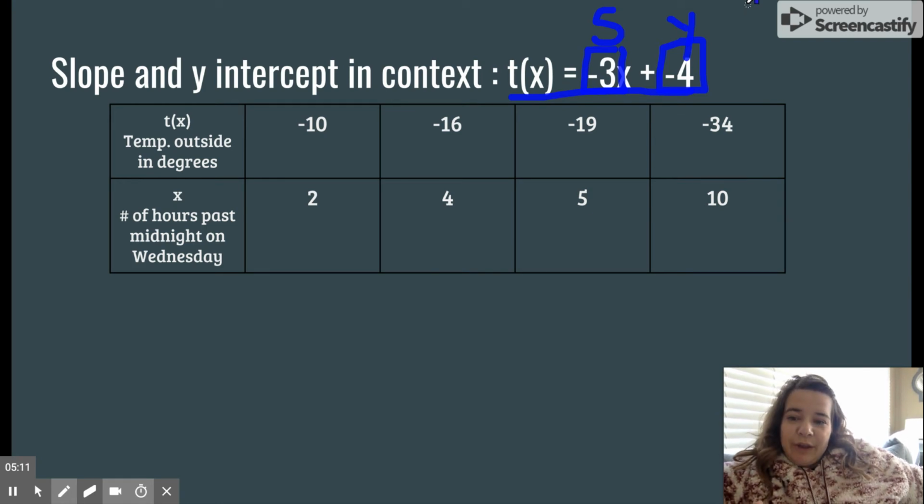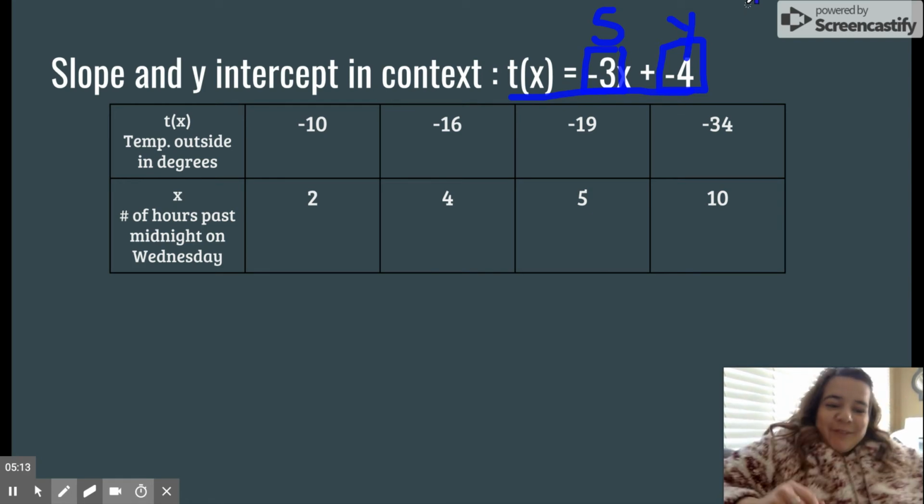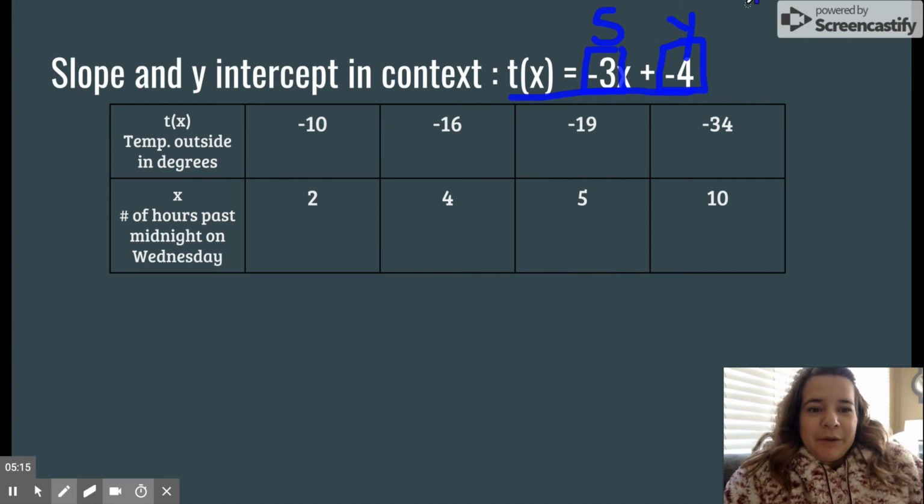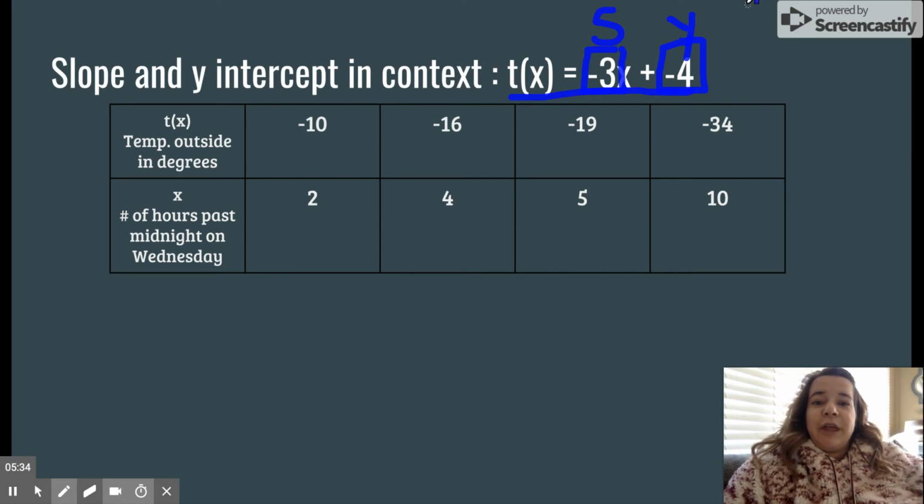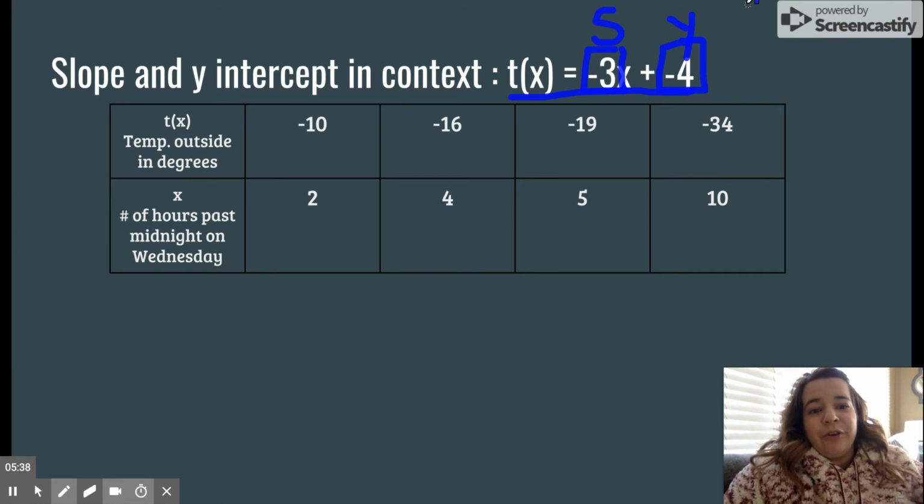I'm not going to write this out because it's kind of hard for me to draw with that little marker thing. But what I would be looking for in a y-intercept here is that at midnight, or at 0 hours past midnight, or at the beginning of this, something along those lines, it was -4 degrees. And then your slope is telling you what happens from that starting point. So at midnight, it was -4 degrees.